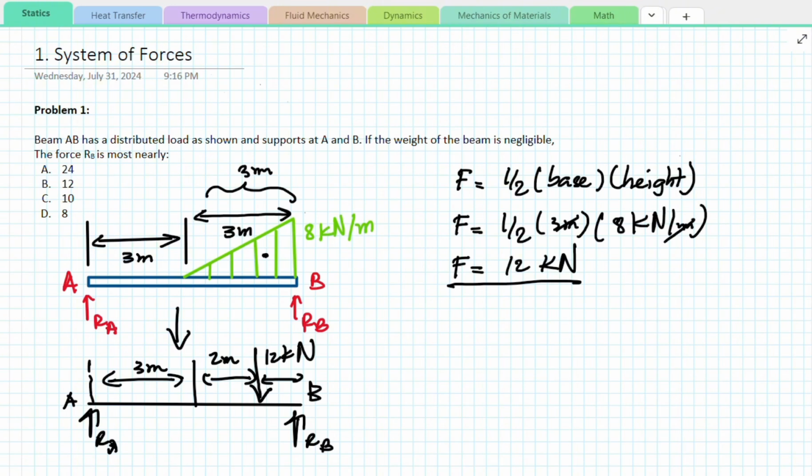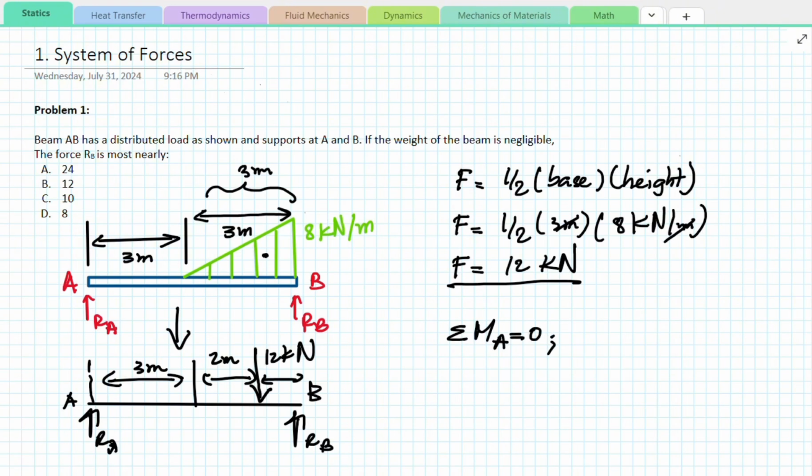So now that we've done that, we are going to set the summation of moments at point A to be equal to 0. So the summation of moments at point A is equal to 0.